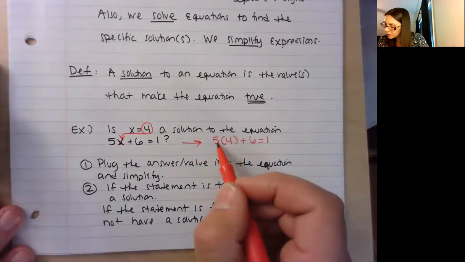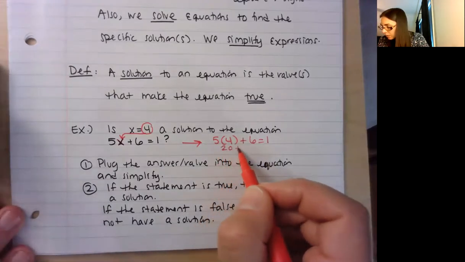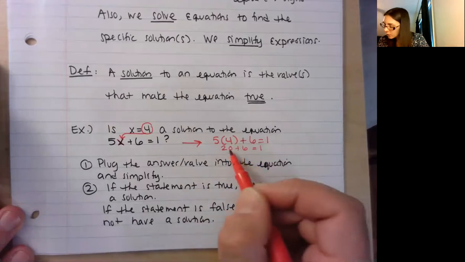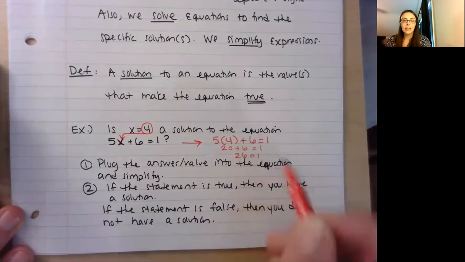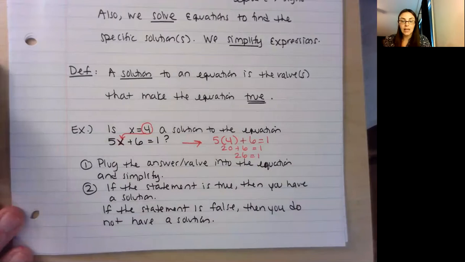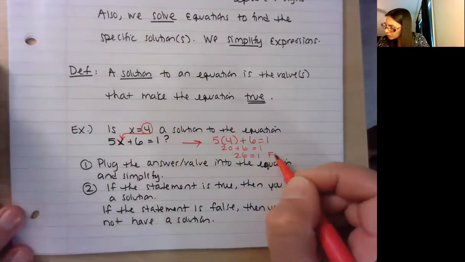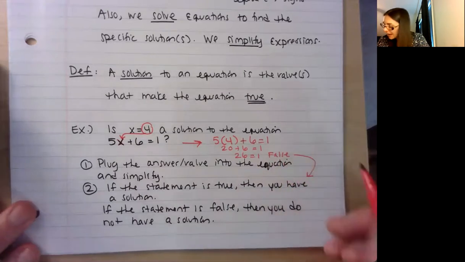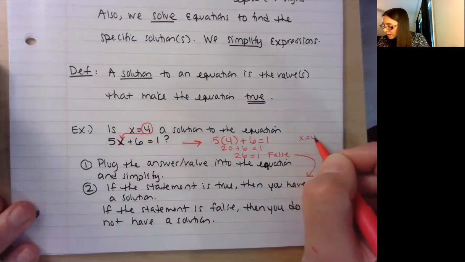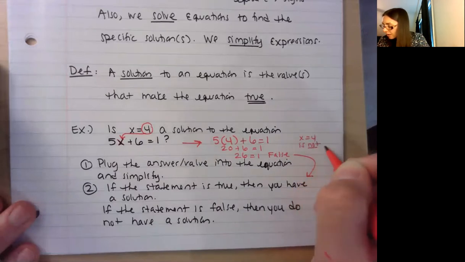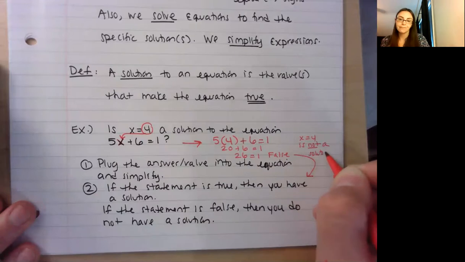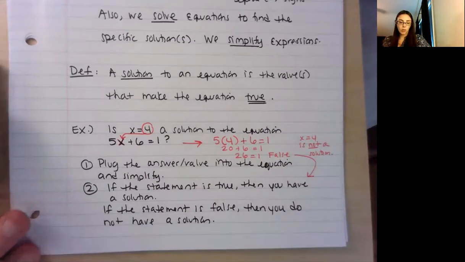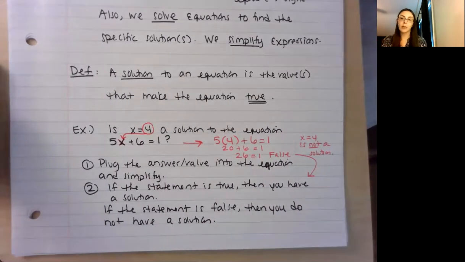Well, 5 times 4 is 20, and 20 plus 6 is 26. So now I look at my answer: 26 equals 1. Is that true or false? Well, obviously that is false. That is not true. So in this case, x equals 4 is not a solution. To answer this question, we just plug it in and see what our result is going to be.